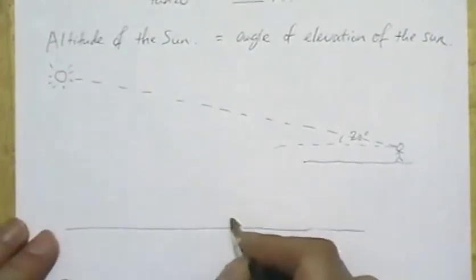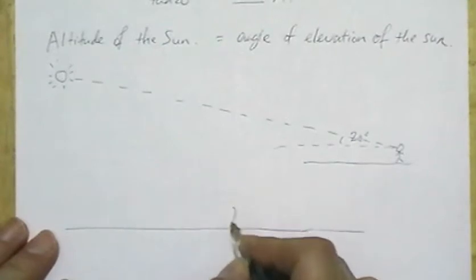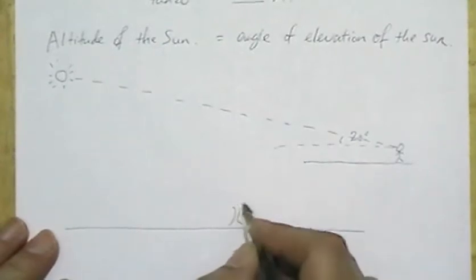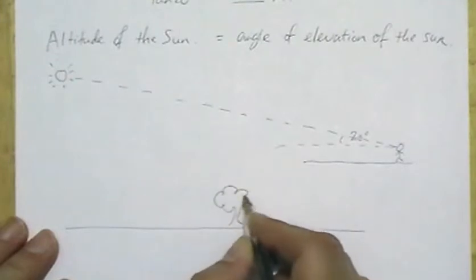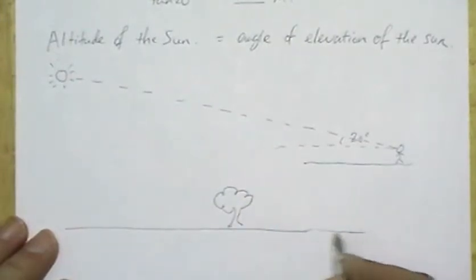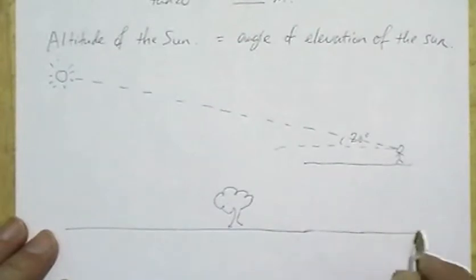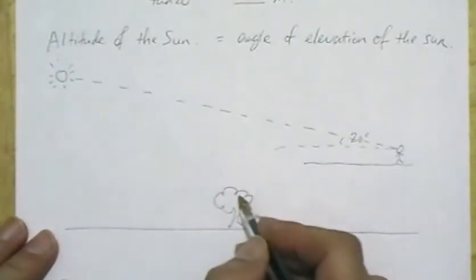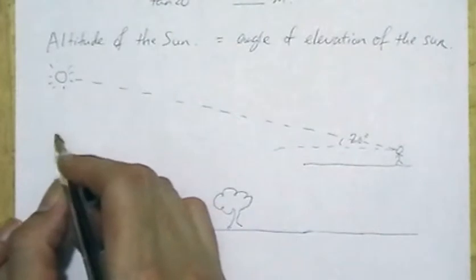Suppose that I have a tree like that. Okay. And I have a sun down here.